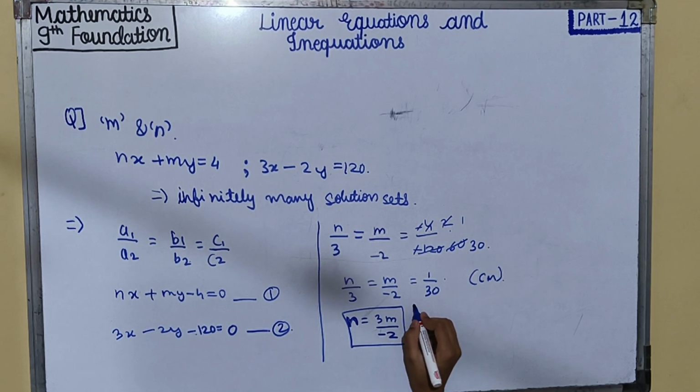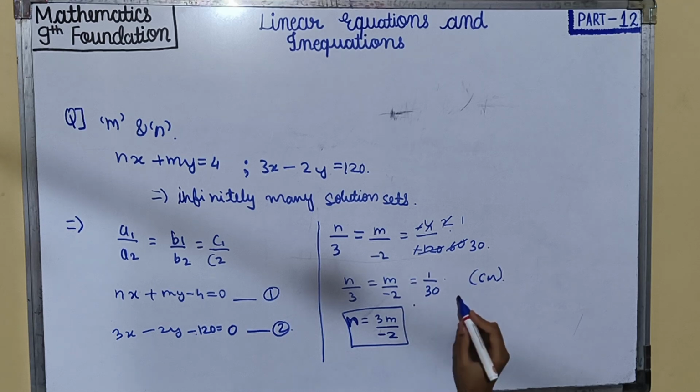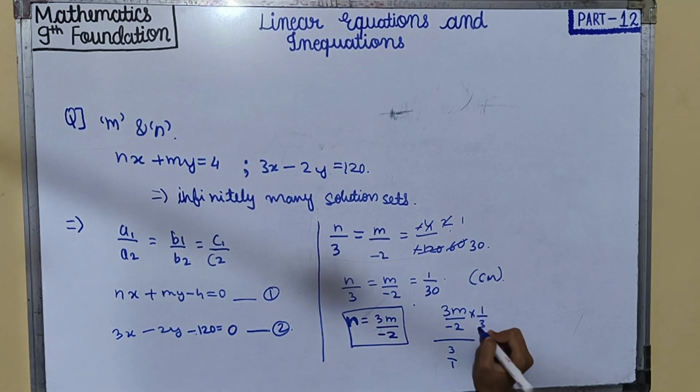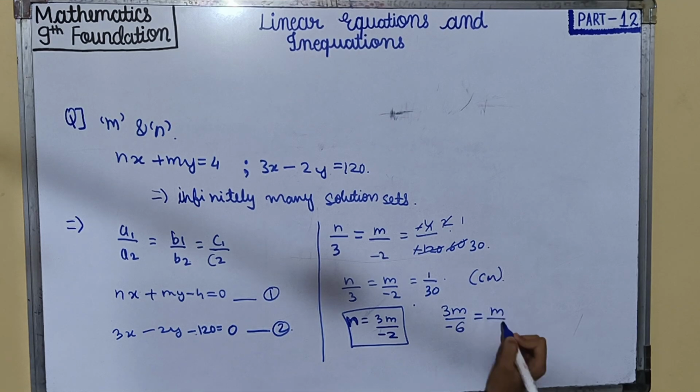Now we will place the value over here. We will get 3m upon minus 2 upon 3, which means minus 6. After simplifying we get m upon minus 2. Now we'll do cross multiplication, so we'll get minus 6m is equal to minus 6m.